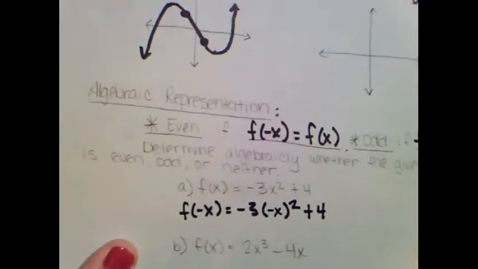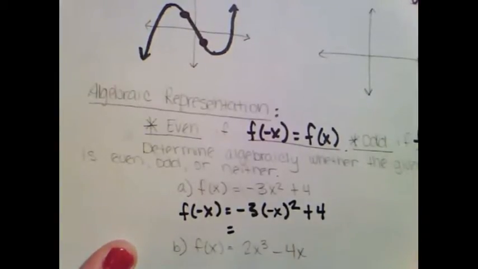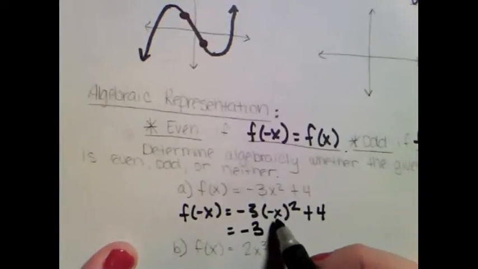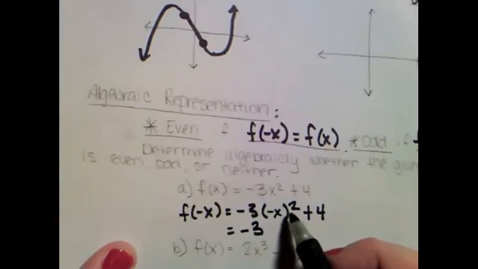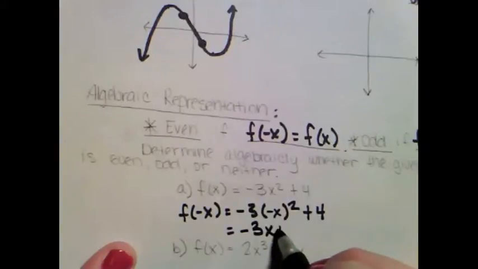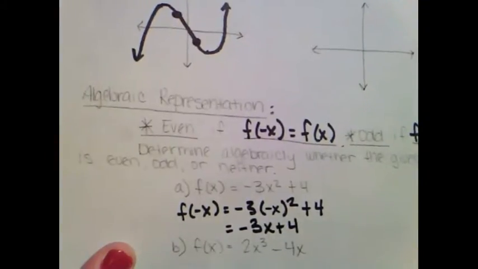So now let's simplify this function now that we've plugged in a negative x. Well, that's just going to be negative 3 times, now negative x to the second power is just going to leave us with positive x squared. Then of course that 4 doesn't change. So here's what we're left with.